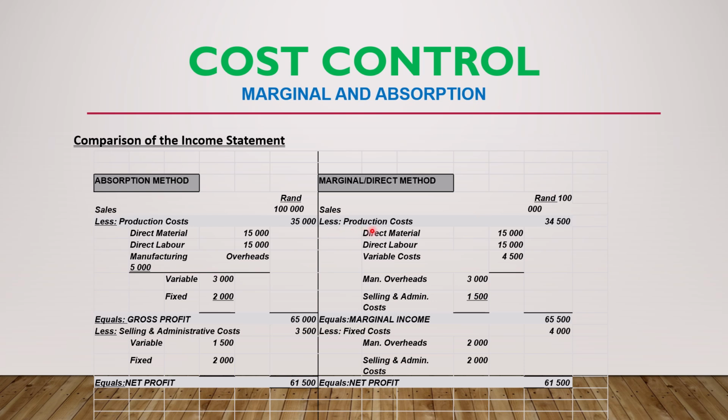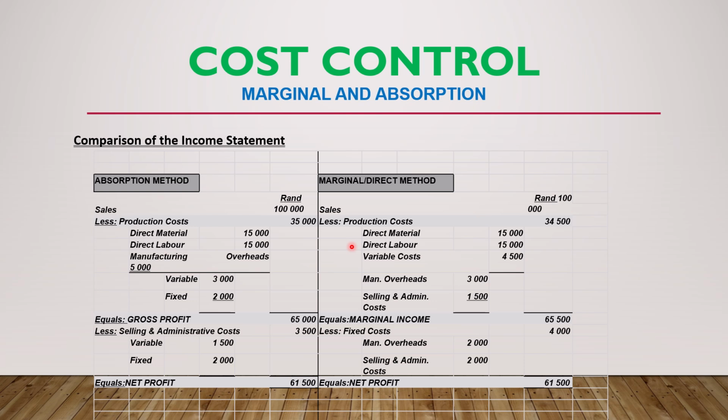Remember, your production cost is made by direct material, direct labor, and manufacturing overheads, and your manufacturing overheads is divided into two, the fixed part and the variable part. Don't forget that. So your production cost is made by your direct material 15,000, same as the other one, and direct labor 15,000.